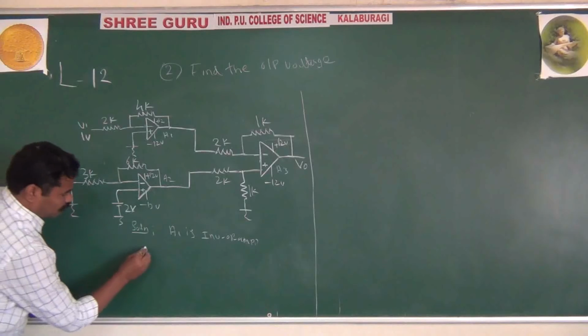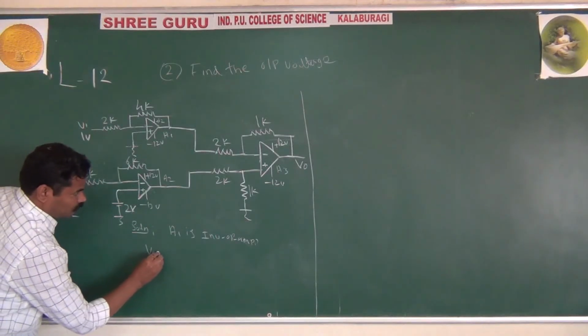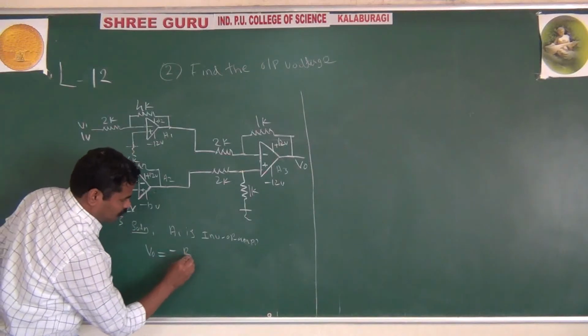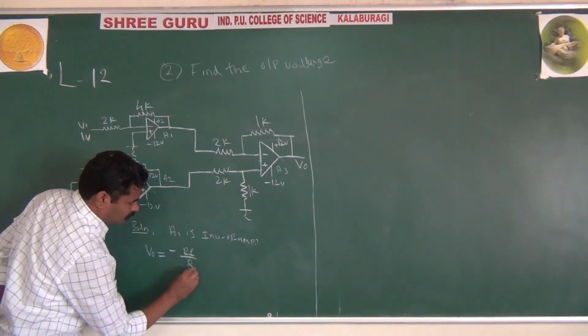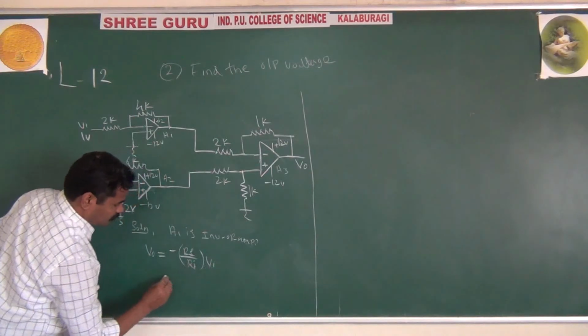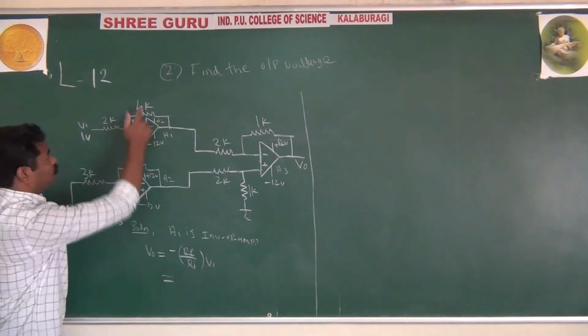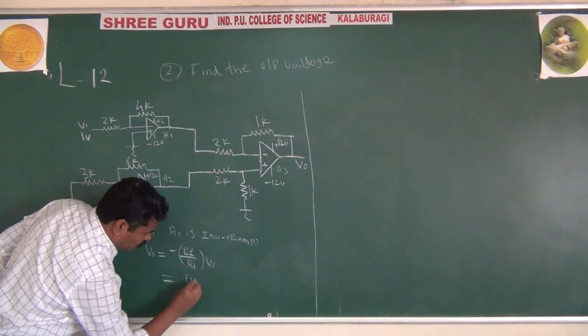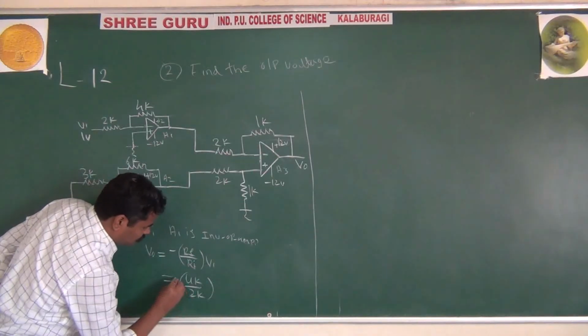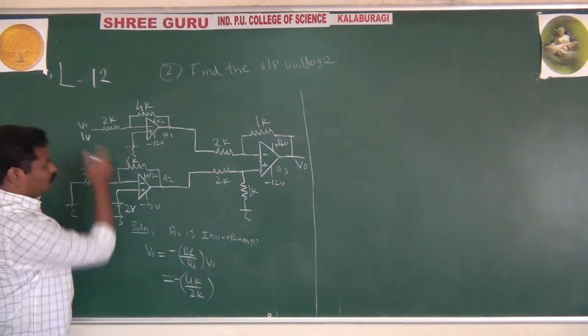Because we want the output, it is nothing but minus Rf by Ri into Vi, and here your Rf is 4k by 2k, applying the inverting amplifier.